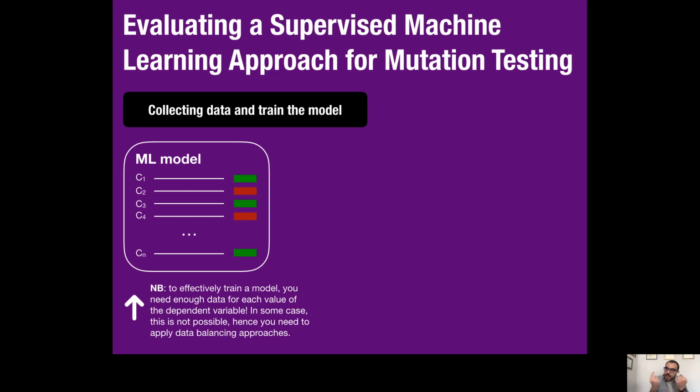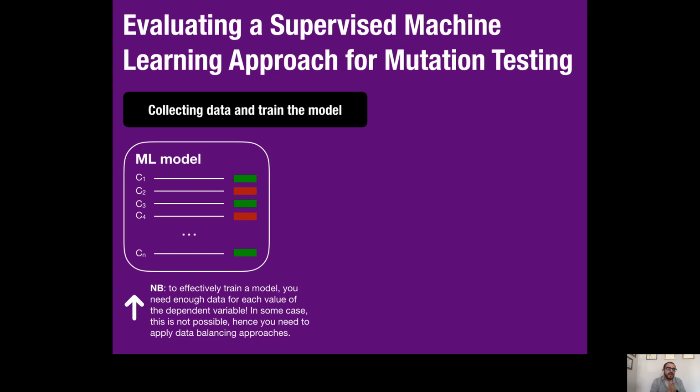Why? Simply because supervised machine learning is about training a classifier. And if a classifier doesn't have enough information about some of the classes of the problem, it cannot learn. It's clear.